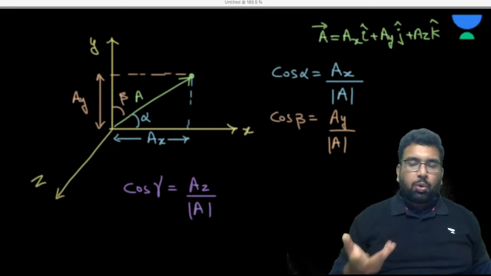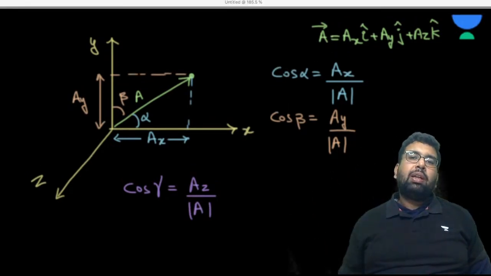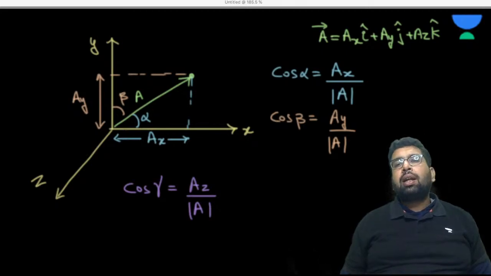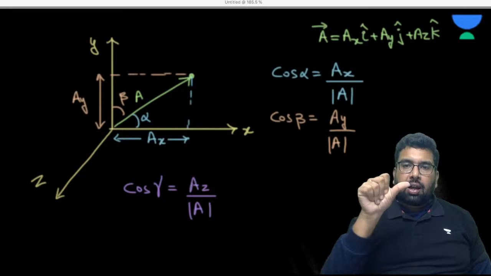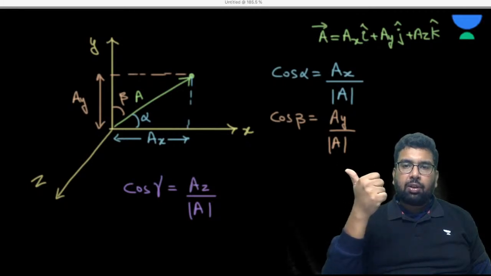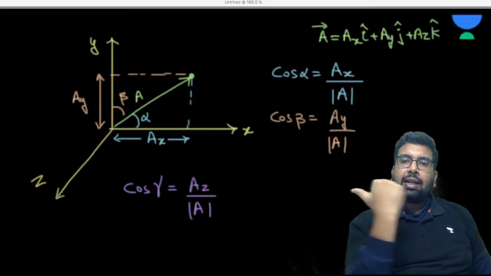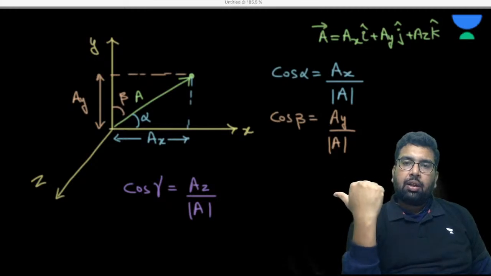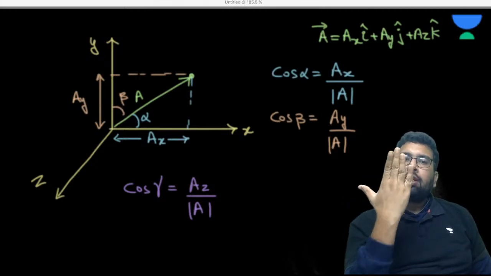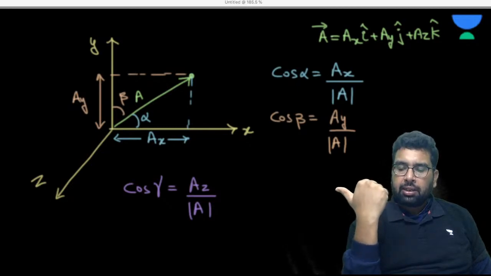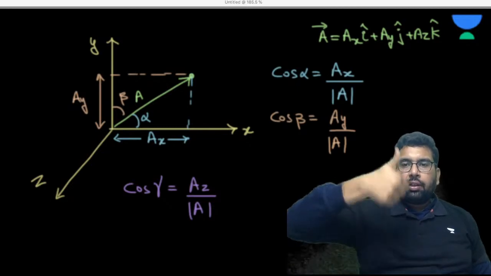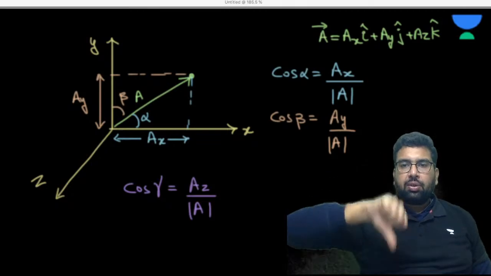We are about to reach the cross product, where you will have to use the right-hand thumb rule very soon. So use your right thumb. This thumb is your axis. When I say x-axis, this is your x-axis, when your palm is facing you and the thumb is pointing like this. This is the y-axis and this is your z-axis.